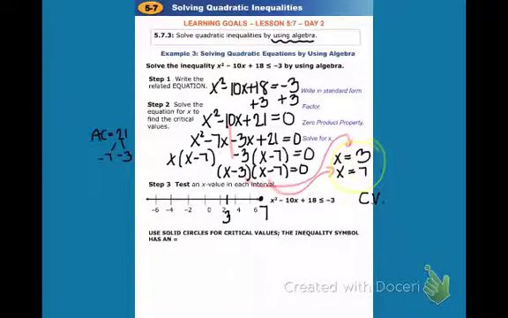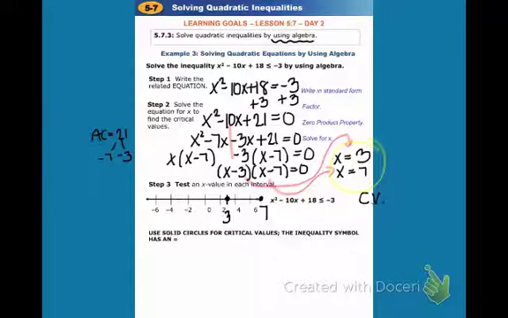I know the solutions are either between these two key points, or they're outside of them.